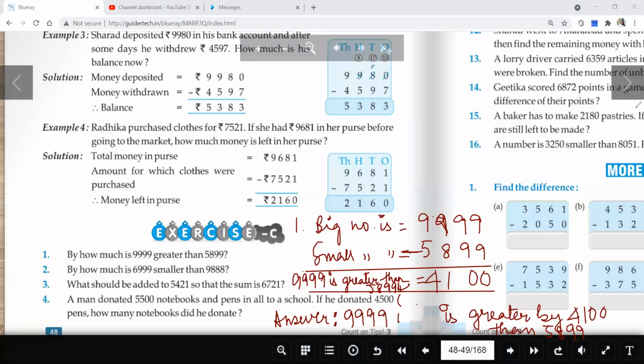Next sum will be the same. Only the answer part you will have to write in a different form.